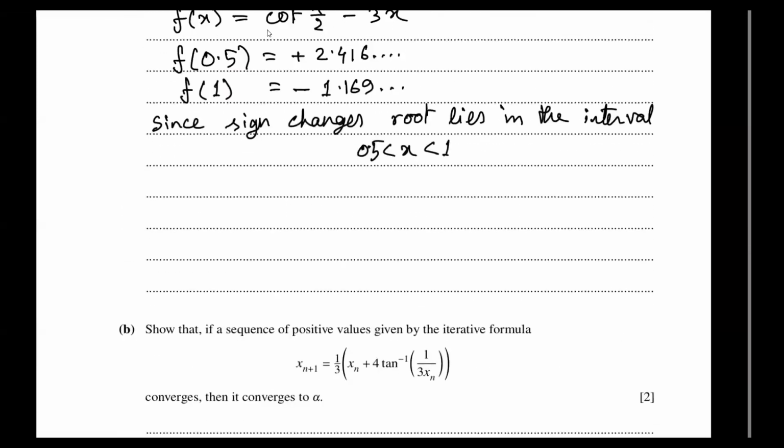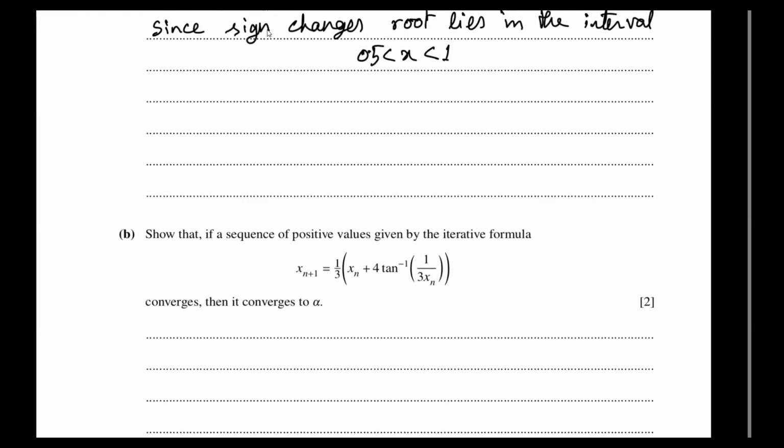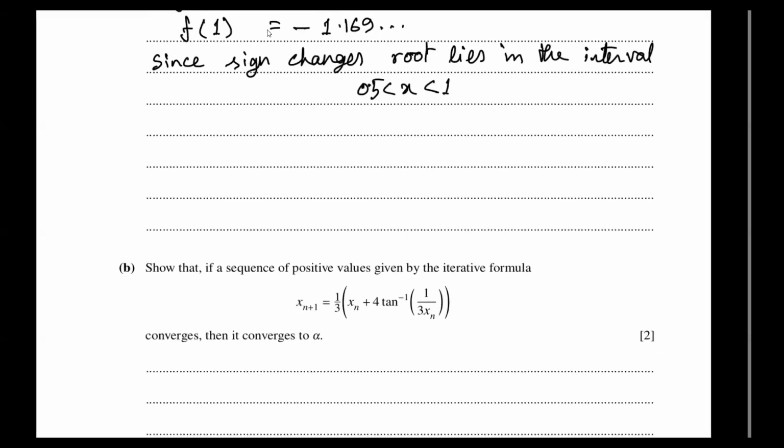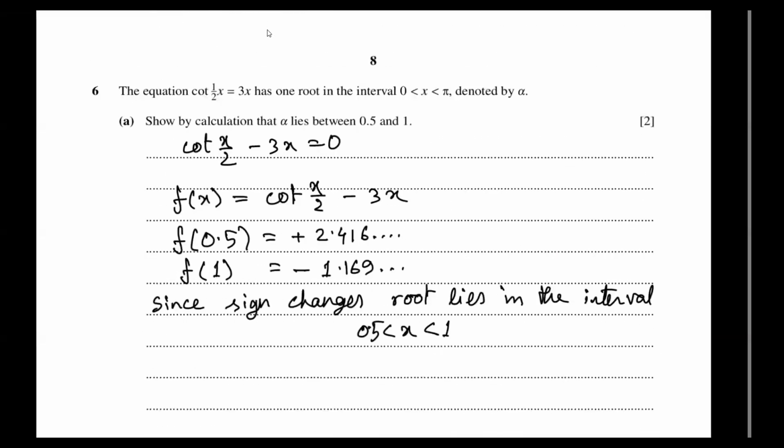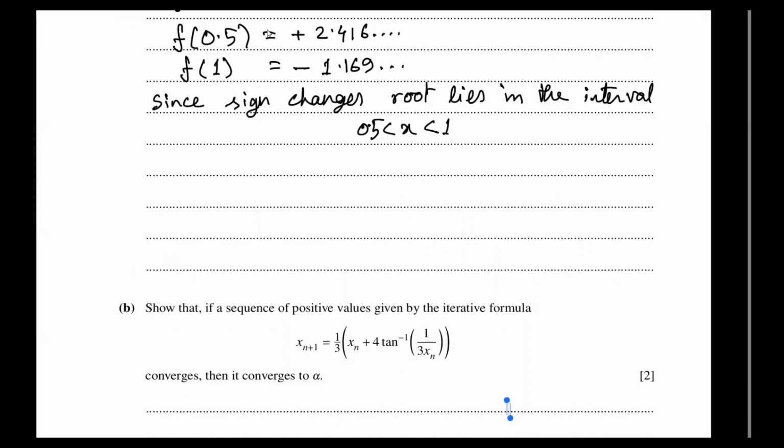Then part B. If the sequence of positive values given by that formula converges, then it converges to alpha. That is, you have to show that from our original equation, we can rearrange it into this formula.